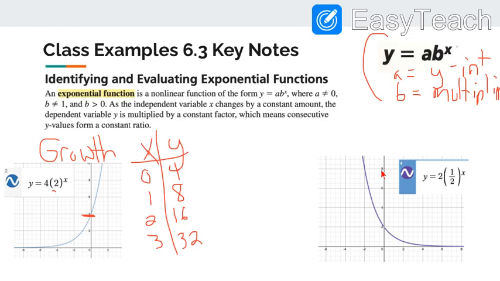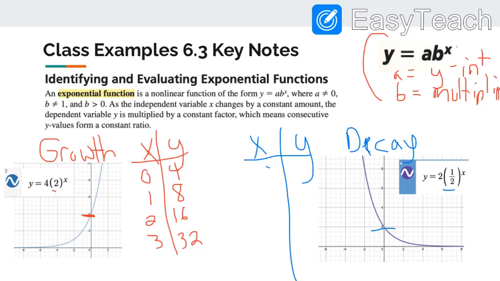But we also have this other one where you could be decreasing, and I'll use a different color for this one. This is called exponential decay. And this is where, again, we have our starting value, but we'll notice this time our multiplier is 1/2, so it's actually going to get smaller. So if we start with the same idea, we would start with an x and y table, and this goes like x is 0, y is 2, at 1 it would be 1, at 2 it would be 0.5, and at 3 it would be 0.25.